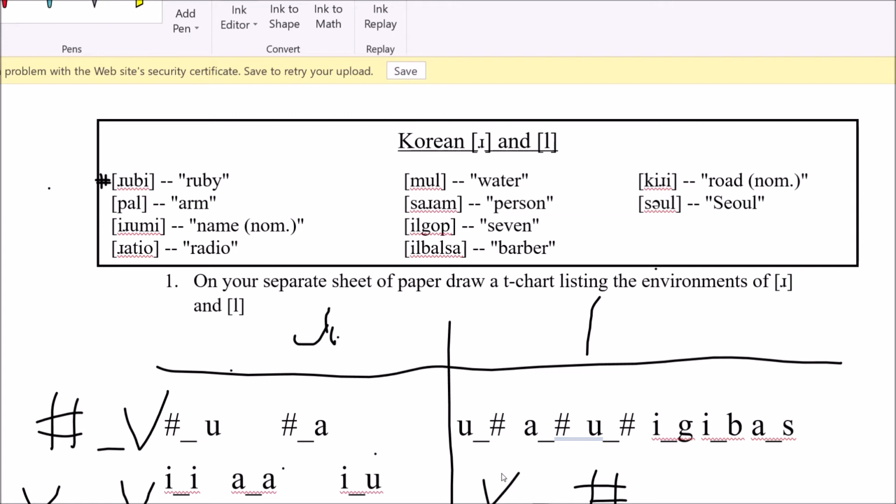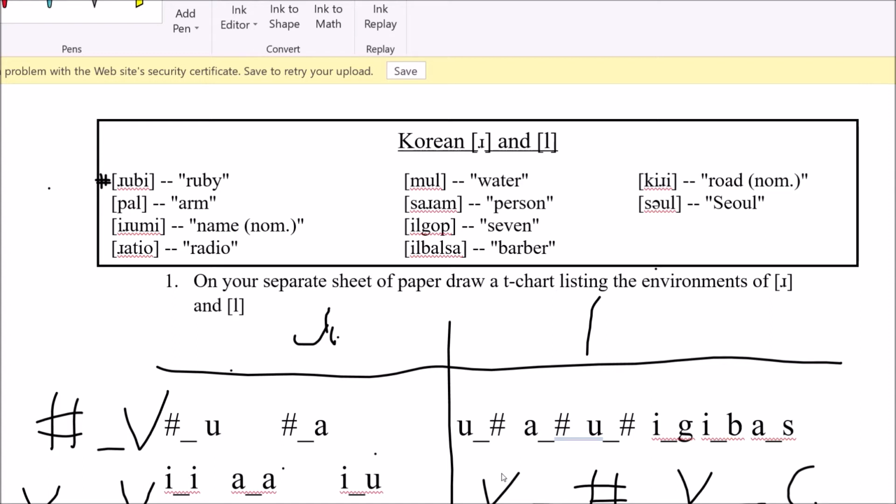And then I see 3 more examples where it appears after a vowel and before a consonant. So now I need to look at these patterns that I've noticed and see if there's anything that explains all of the sounds.